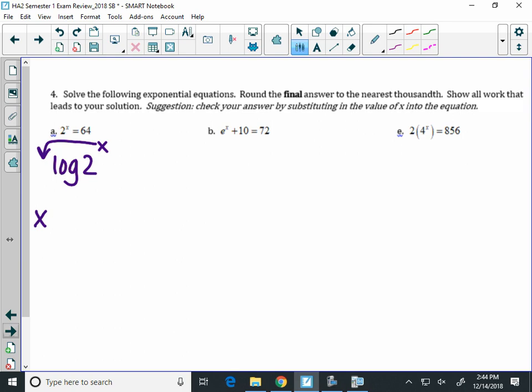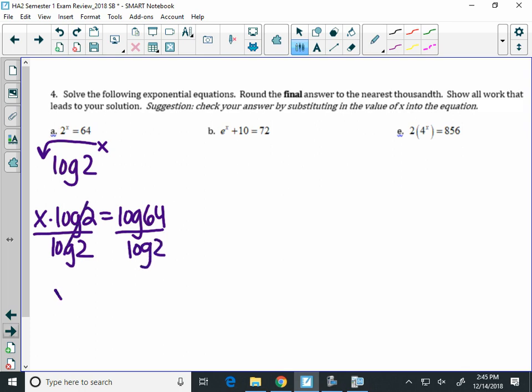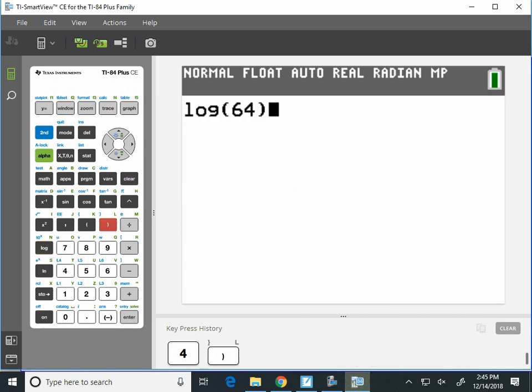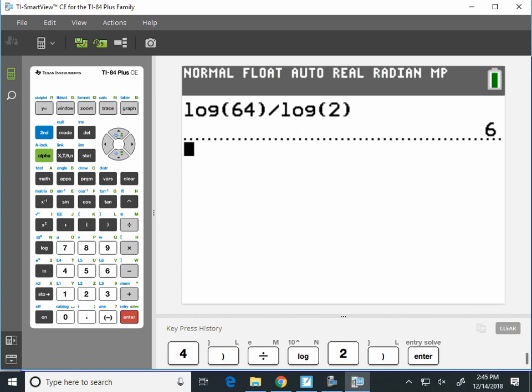So you can write this as x times log of 2 equals log of 64. You have to take the log of both sides of the equation. To get x by itself, you divide by log of 2. Now, when you type this into your calculator, make sure that you use parentheses after the log of 64 before you take the log of 2. That'll give you that x is the value of 6.